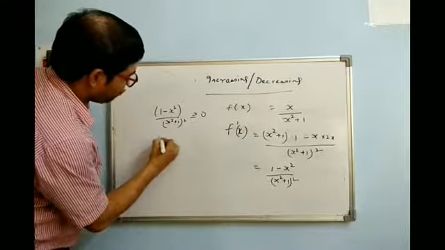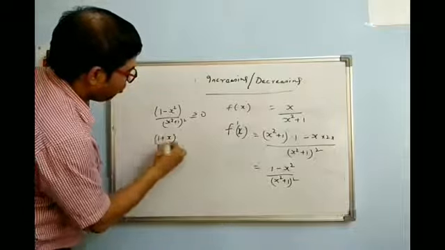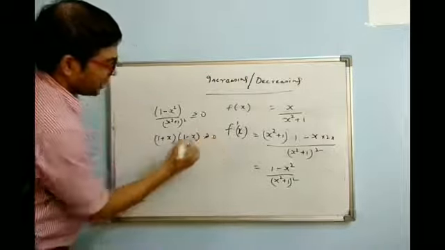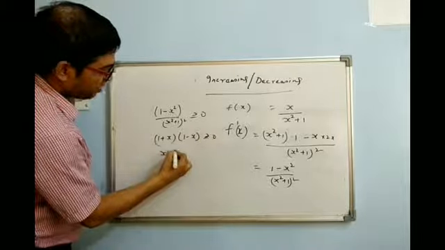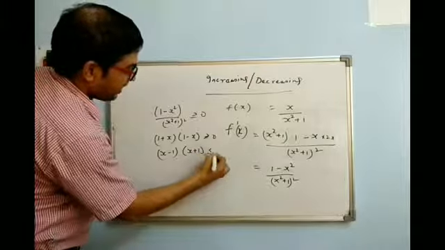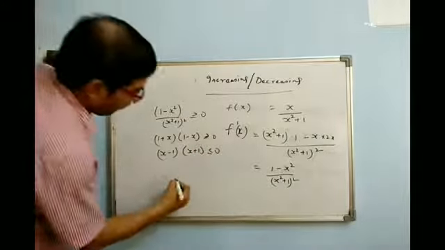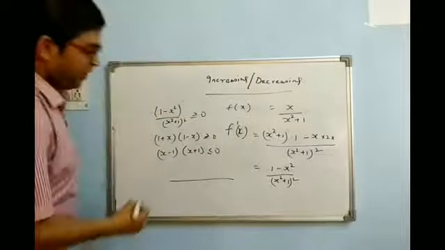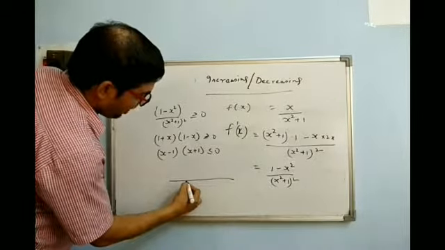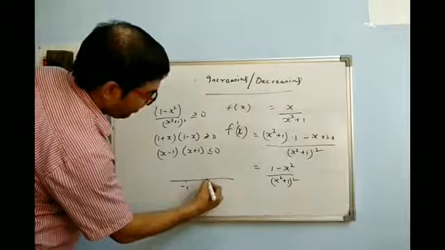So actually it is 1 plus x into 1 minus x. This can be further written as x minus 1, x plus 1 less than or equal to 0. So we will see where it is positive or negative. The critical points are minus 1 and 1. You just write it here.